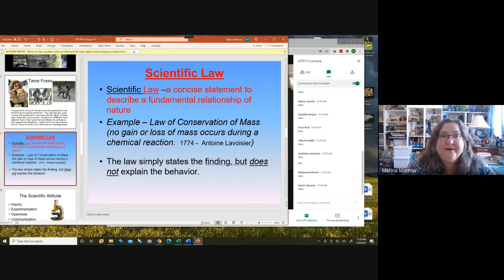We'll talk more about that when we do the chemistry part, but of course, that's very important. And we understand that now because we know a chemical reaction is just atoms rearranging themselves into different molecules. Antoine Lavoisier observed that mass should not change. So a law states the finding, but it doesn't explain it. He didn't know really about atoms yet, but he did realize that the mass should not change.